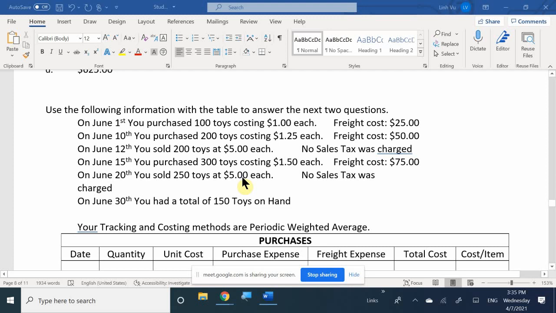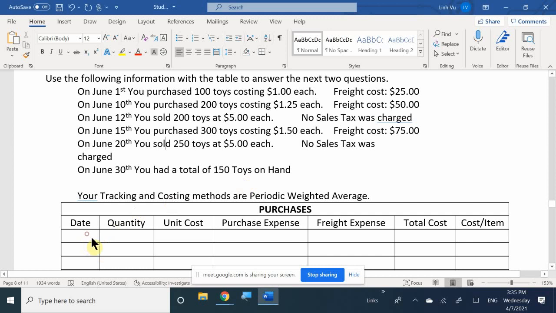So on June 1st, what happened here? You purchased 100 toys. We bought 100 toys at $1 each with the freight costing you $25. So what's my purchase price? $125.